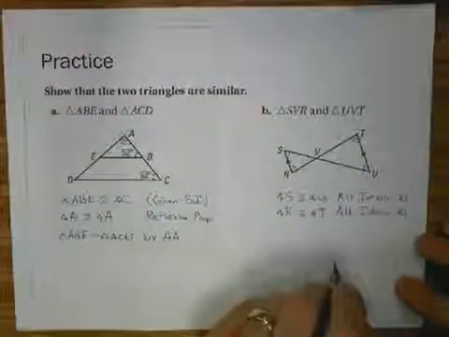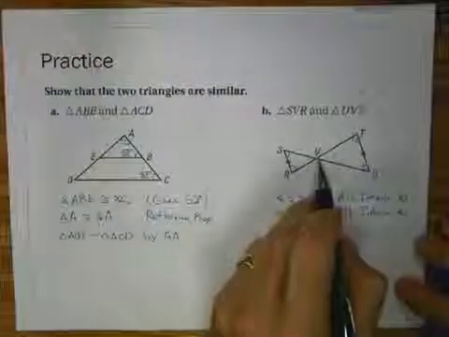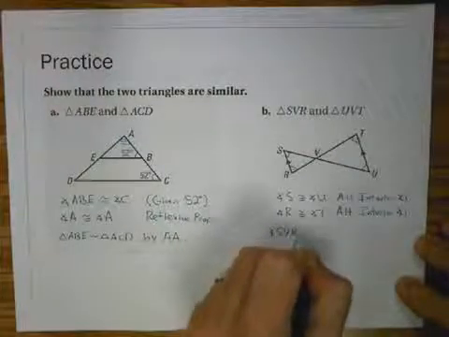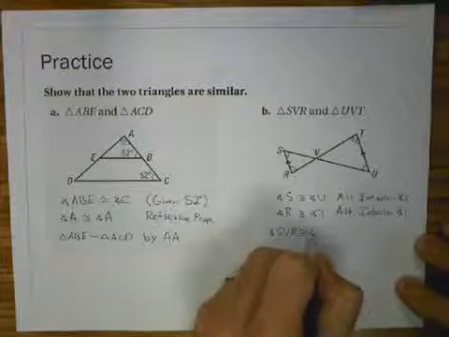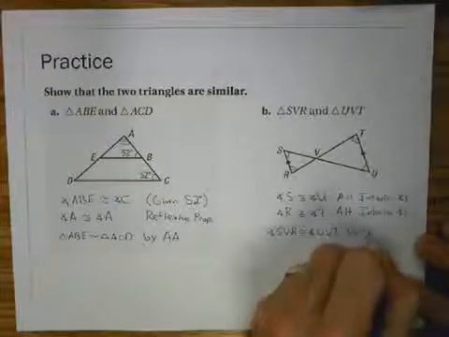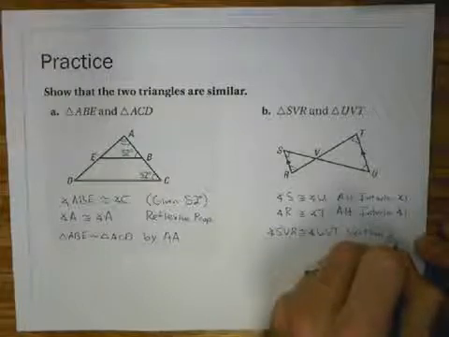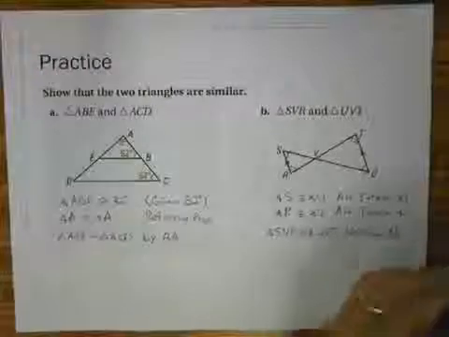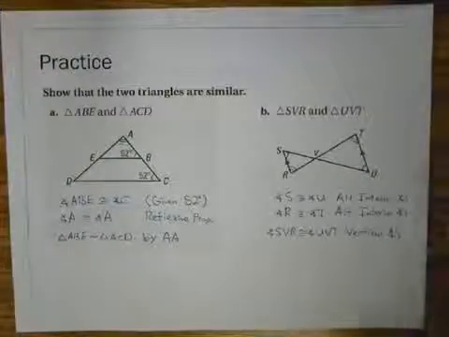So let's mark them accordingly. Now, if I adjust that information, that's enough to say they are similar. But I really have one more, and that's at V. And that's angle SVR is congruent to angle UVT. And those are vertical angles.